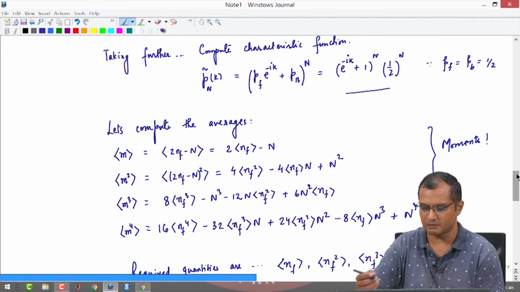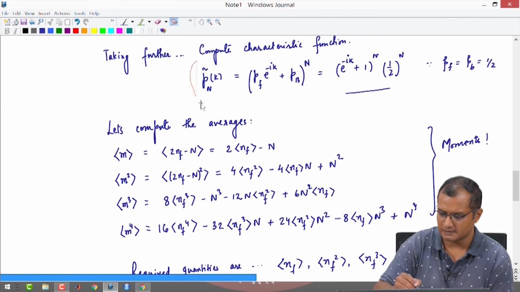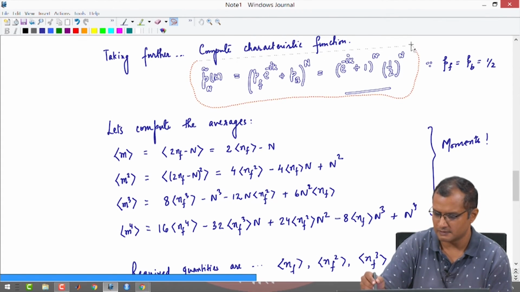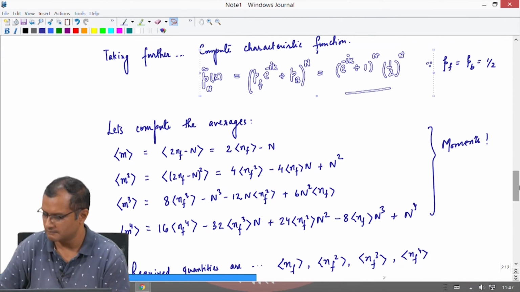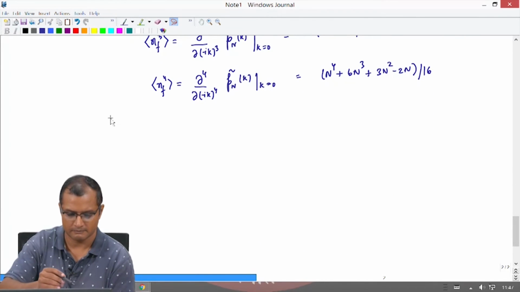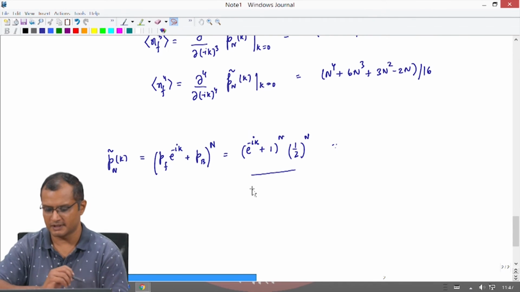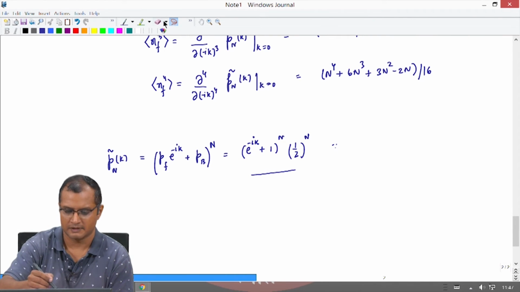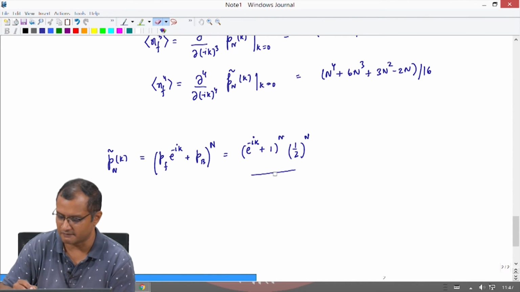So, I am going to write down this, let me just copy paste this expression. Okay. So, this is the expression for the cumulant generating function, the moment generating function.